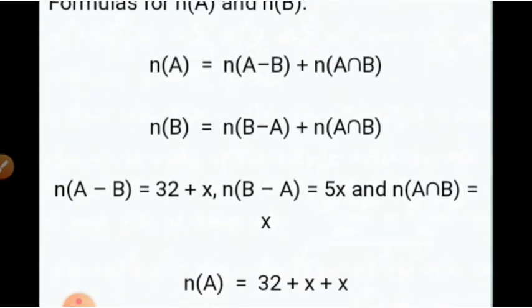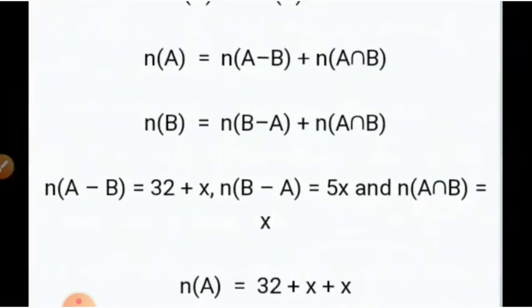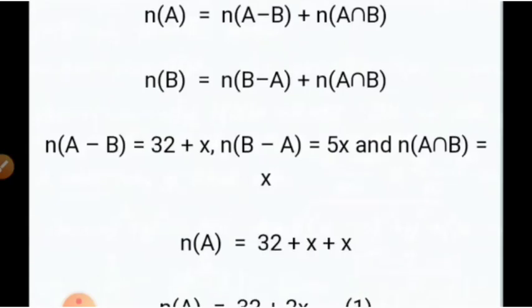Given n(A − B) = 32 + x, n(B − A) = 5x, and n(A ∩ B) = x.